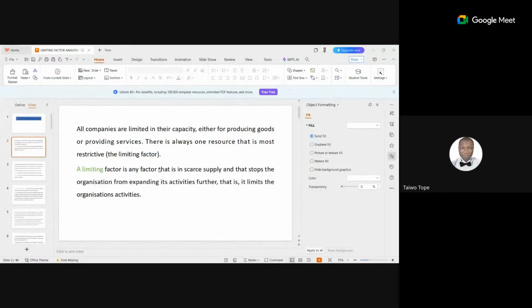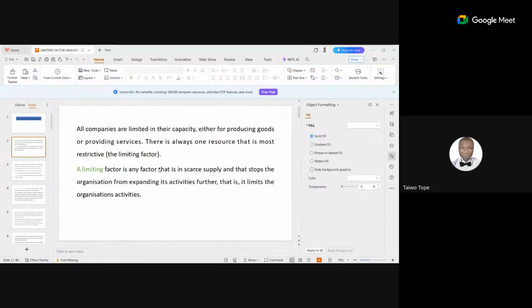So once you determine your limiting factor in a question, you need to determine the contribution per limiting factor. In the last class, I showed us various steps that we need to take to solve questions on limiting factor. So I'm still going to do that again.